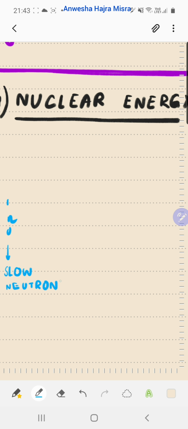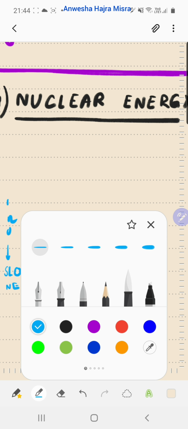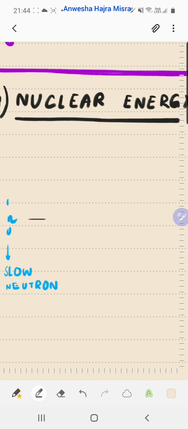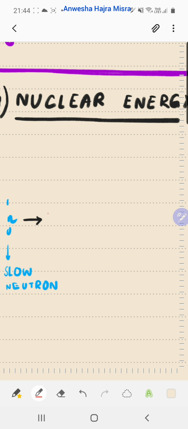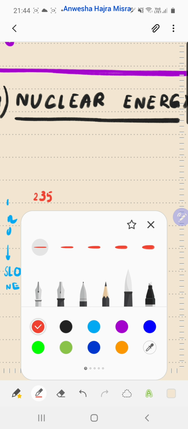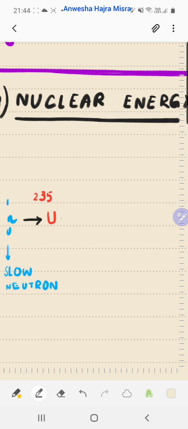This slow neutron goes and hits uranium-235. Uranium-235 absorbs this and immediately turns to uranium-236.